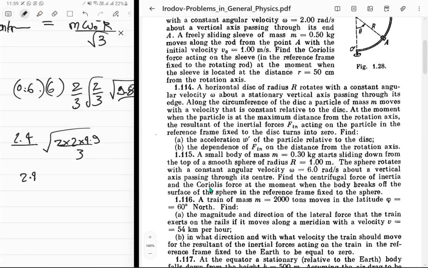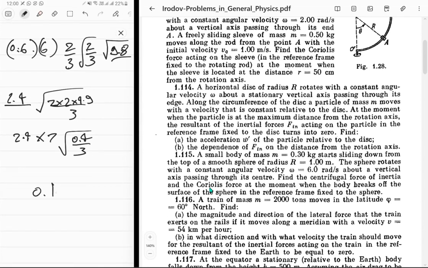So it's 2.4 into 7 into square root of 0.4 upon 3, which is 0.1333. Okay, not nice. Close to 0.121, I guess. Then 12 squared is 0.144. Which of them is closer? I think 0.121.